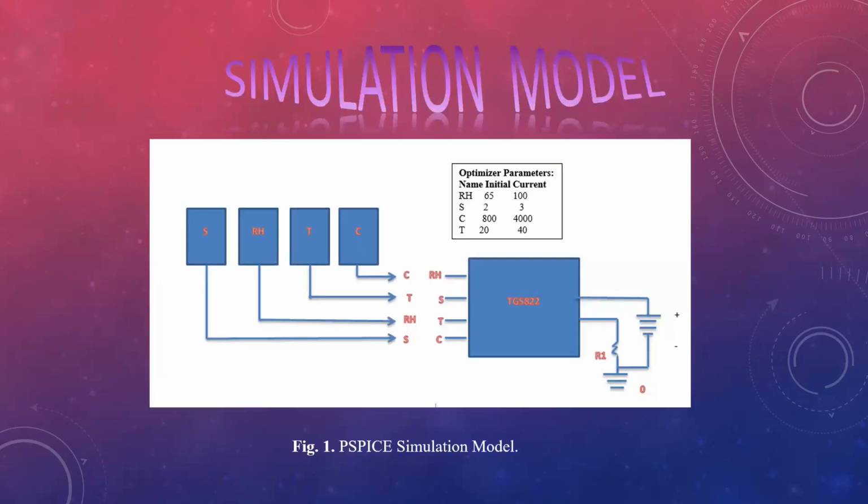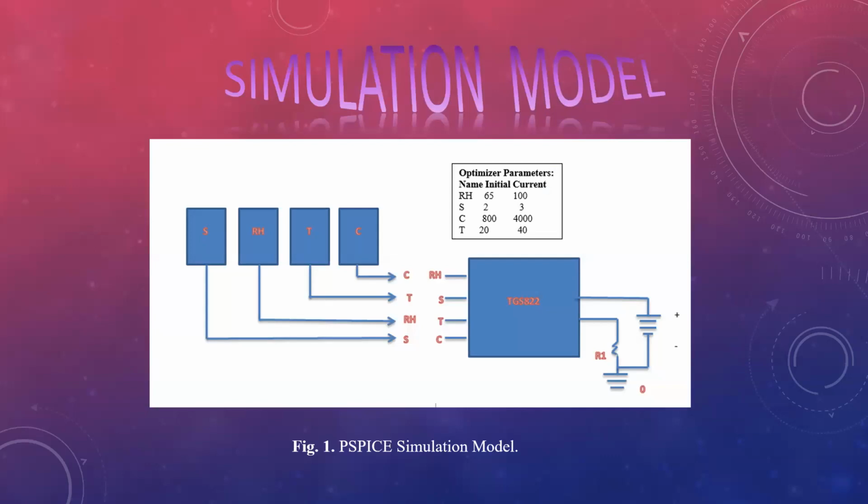So this is a model which is simulated on the P5, which has 5 different parameters. S represents selectivity of the gas, or the detection of the gas, which kind of gas we are using. RH stands for relative humidity, which is approximately 65%.